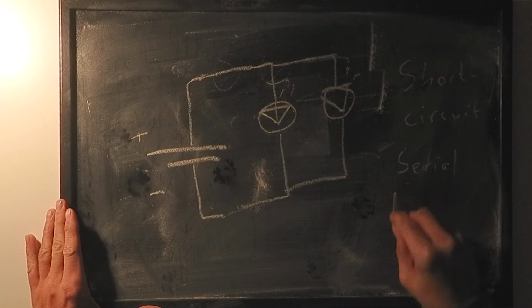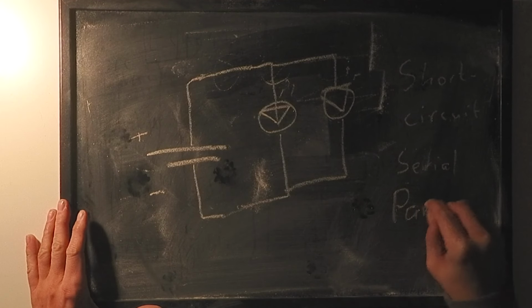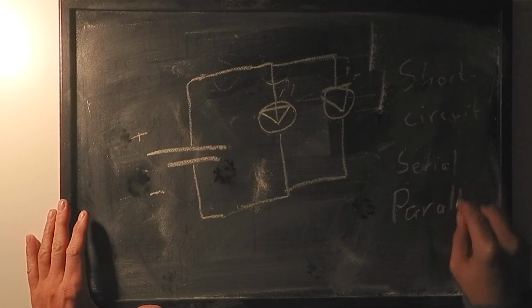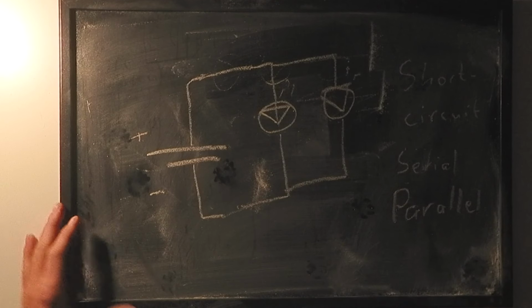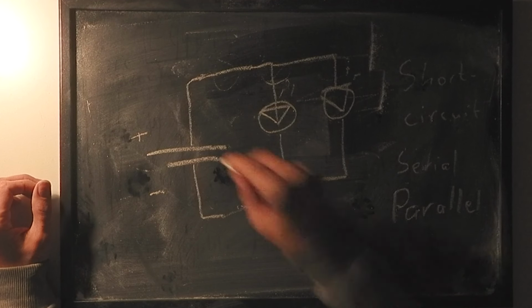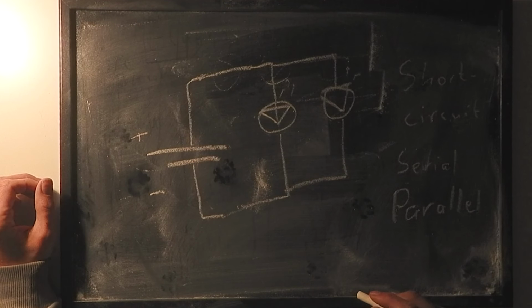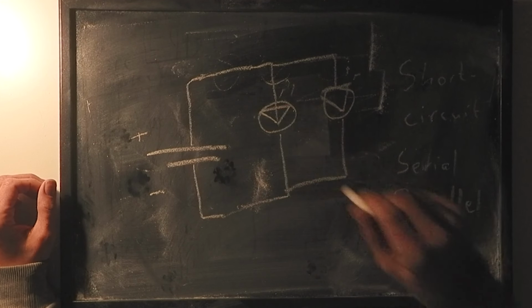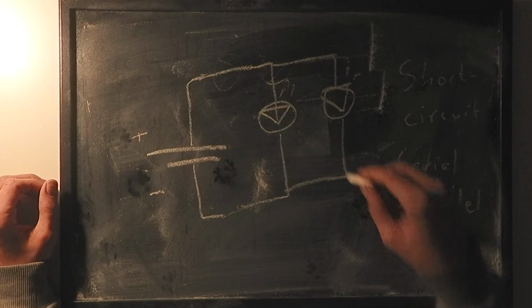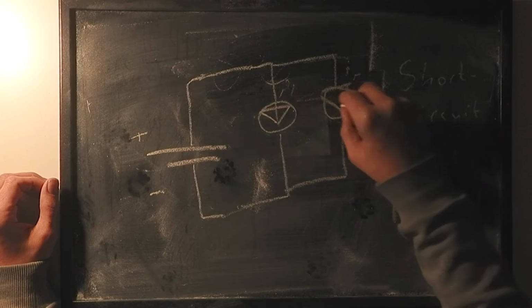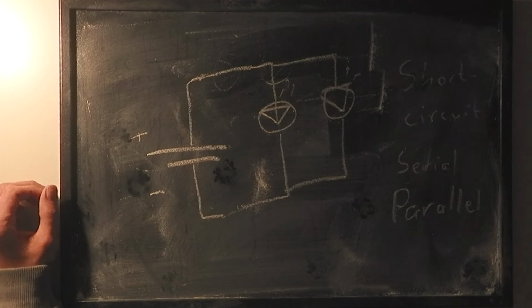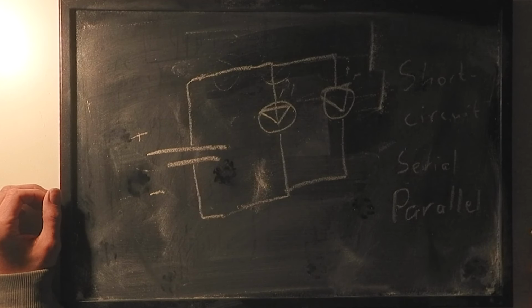This is called a parallel connection. And in this case, the battery will run out as fast as if we only had one of these lamps, basically. But both of these lamps will only shine with half the intensity. So these are two different ways we can connect these things.